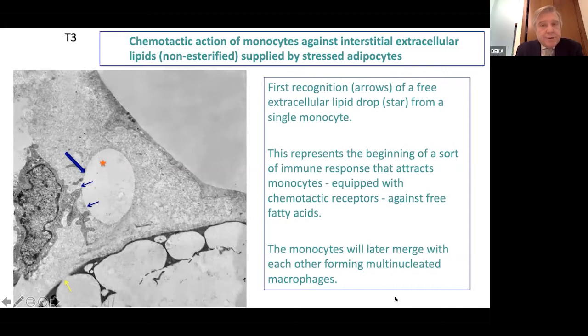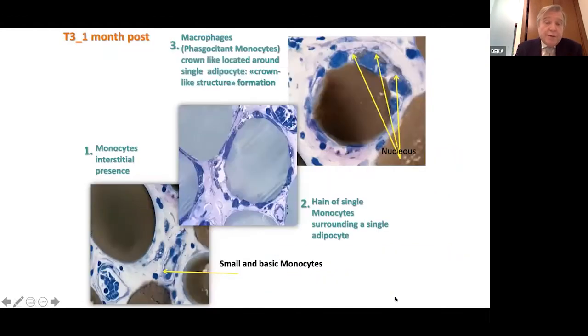And you see there is a first recognition of a free extracellular lipid drop from a single monocyte. You see the possibility to attack the lipid drops thanks to the signal that we release physiologically, that is called find me. As a following, we have the process of phagocytosis.